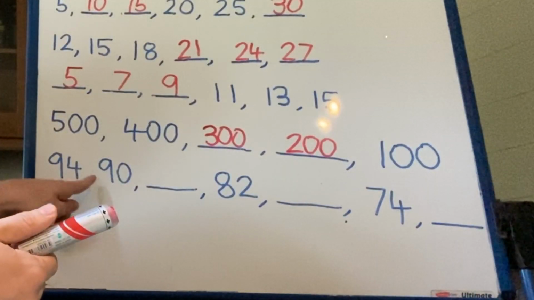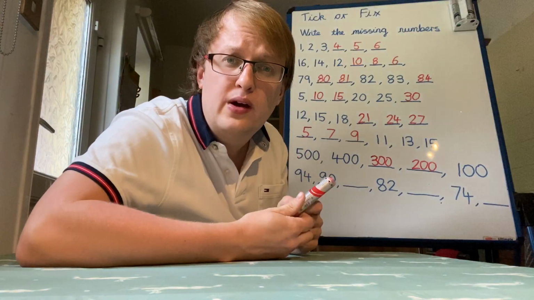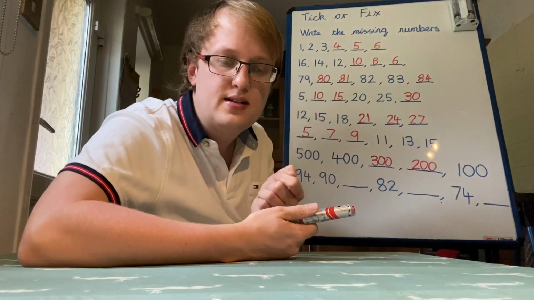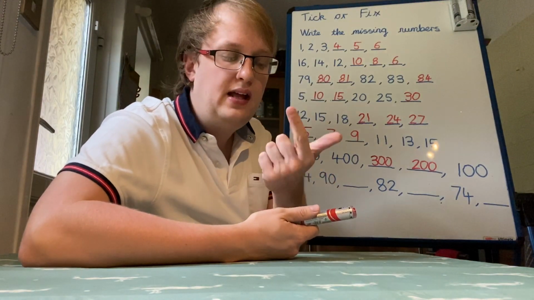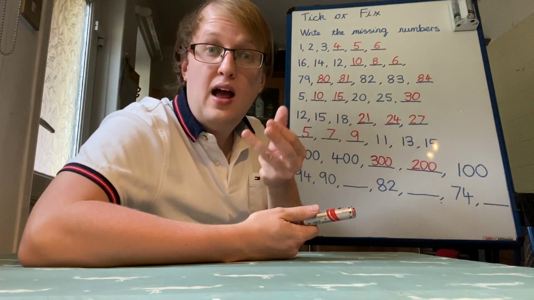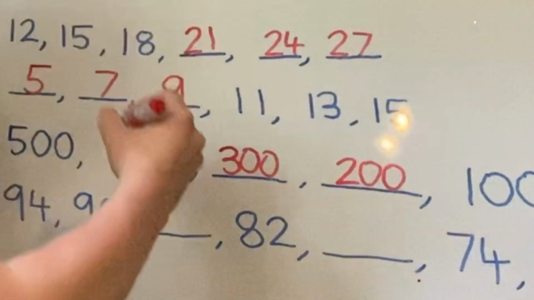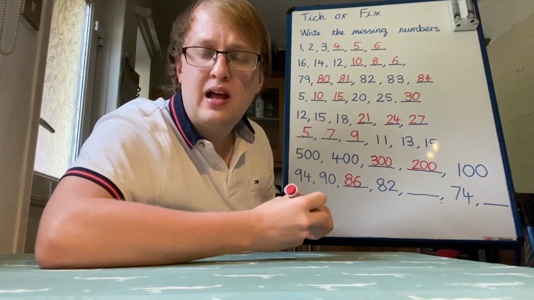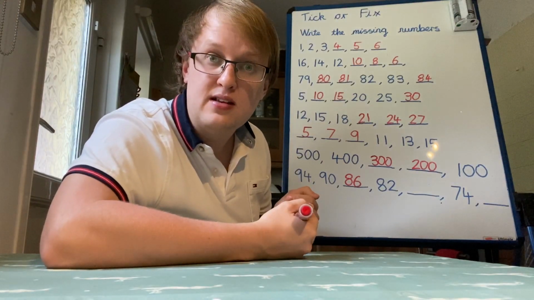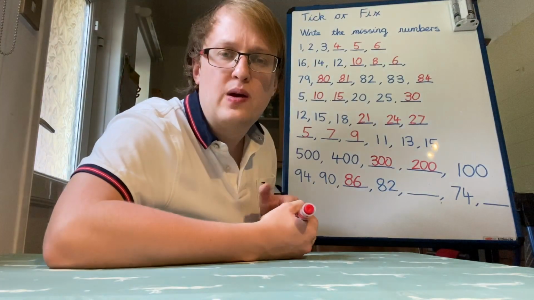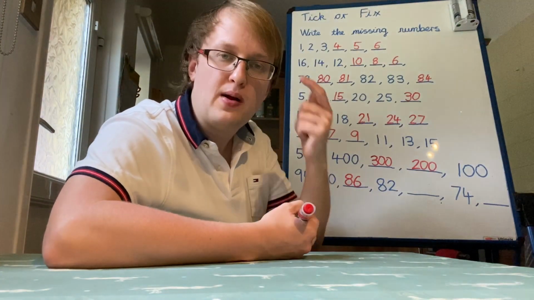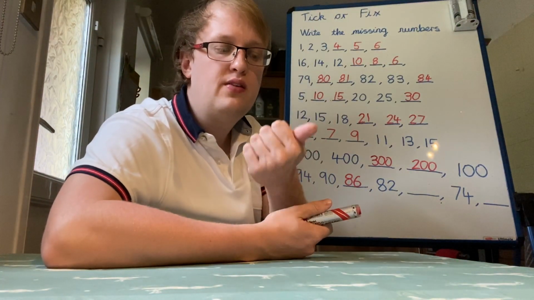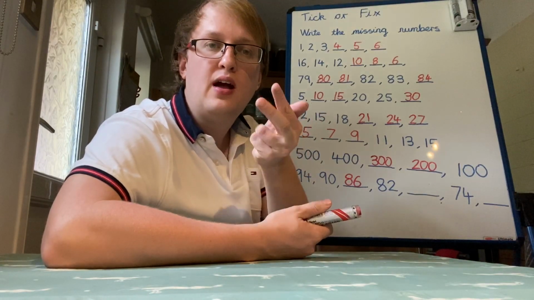So 94, 90. So 90 take away 4 is, put 90 in your head, 89, 88, 87, 86. Let's keep counting backwards and forward just to check that the pattern is right. So 86 take away 4, hopefully that's 82. So put 86 in your head, 85, 84, 83, 82.